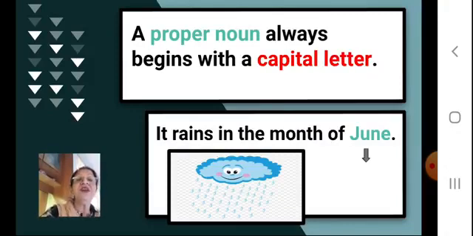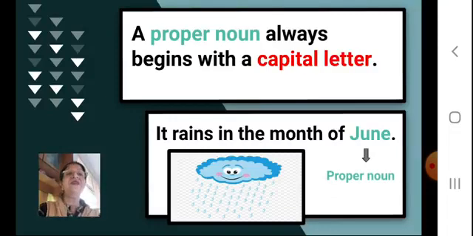So here June is what? Yes, June is a proper noun. That's why it is written in capital letter. J is a capital letter. We don't have to write the full name in capital letters. Only the first letter has to be in capital. So here J is in capital letter because June is a proper noun.